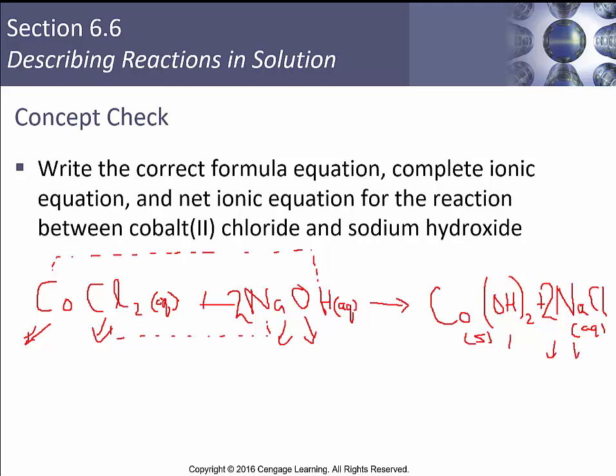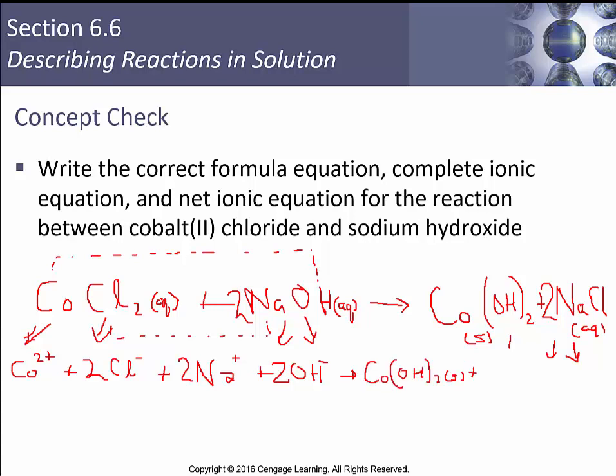So cobalt 2 plus, plus 2 Cl minus, plus 2 sodium pluses, plus 2 hydroxide, reacts to form cobalt hydroxide solid, and 2 sodium cations, and 2 chloride ions. All right, so we've got our molecular equation here. Down here we've got our total ionic equation, our TIE.